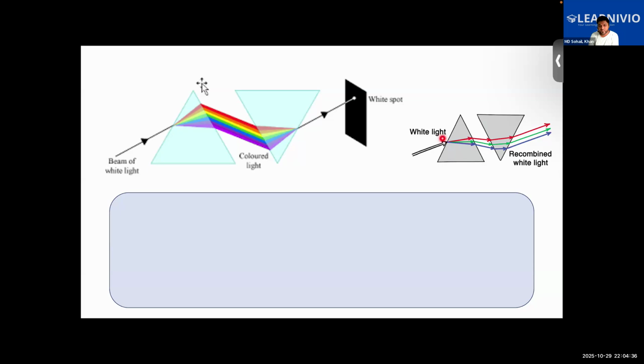If it had been placed the same as the first one, it would not have created that. So this gave us again a thin beam of white light. This further confirmed that white light is actually made up of seven component colors: violet, indigo, blue, green, yellow, orange, and red.